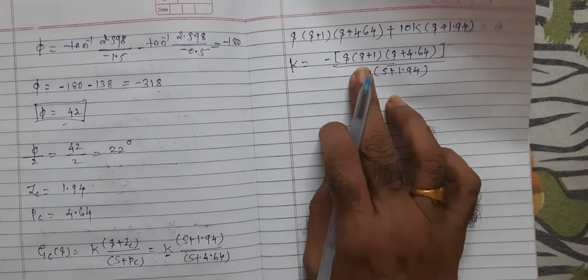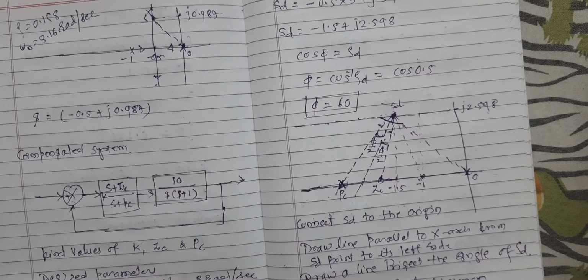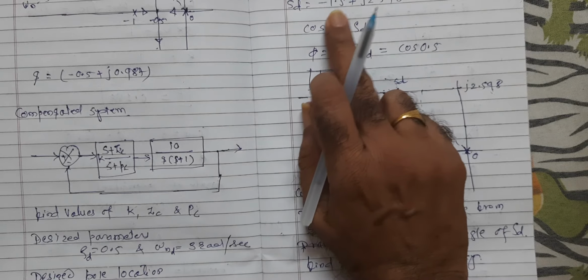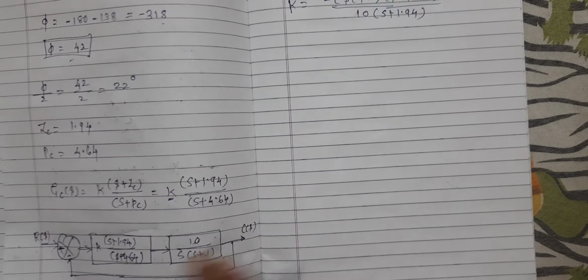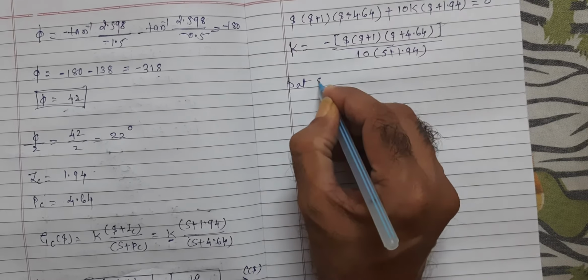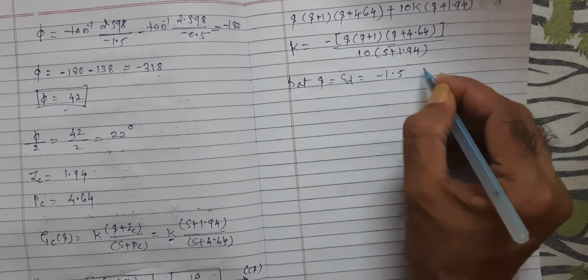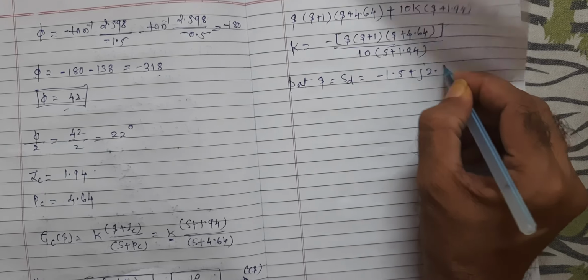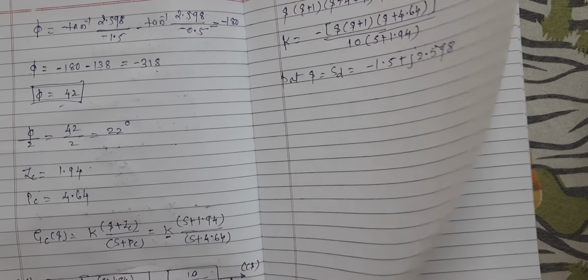Now here I will put the value of S. What is the value of S? That is our desired pole location, that is minus 1.5 plus j 2.598. Put S equals Sd, minus 1.5 plus j 2.598, into the equation.